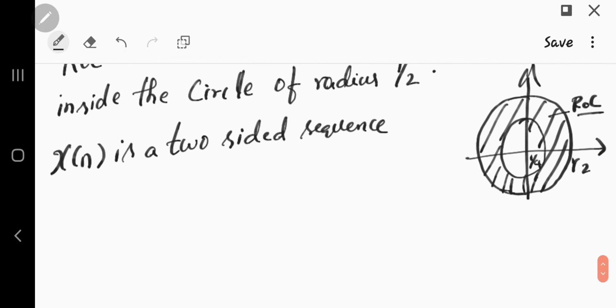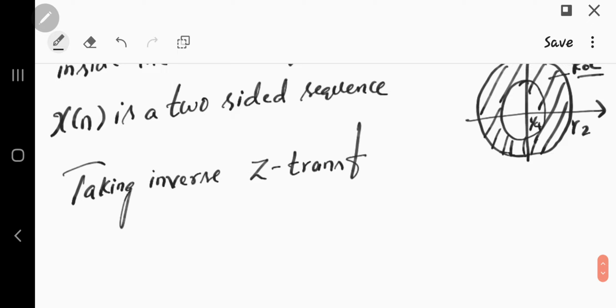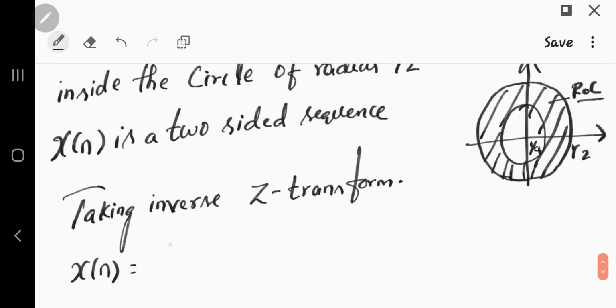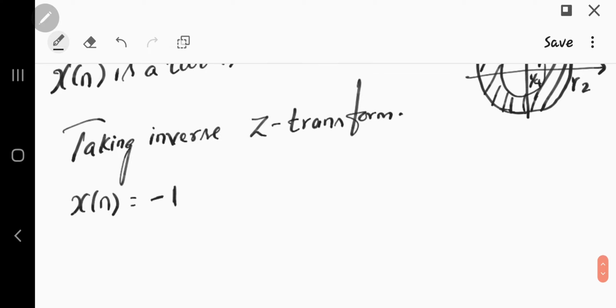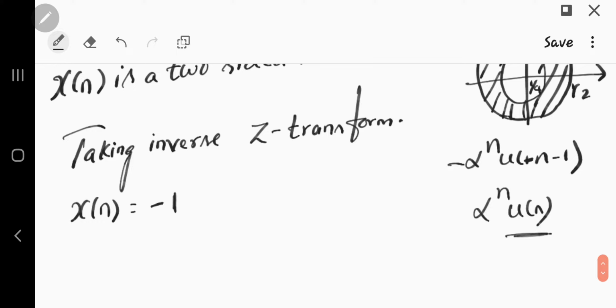So now we conclude this, taking inverse z transform. So x of n is equal to minus 1. This minus is for the signal because we have minus alpha n u of minus n minus 1, and another will be in the form of alpha n into u of n. These two are the combination of positive and negative time sequence.